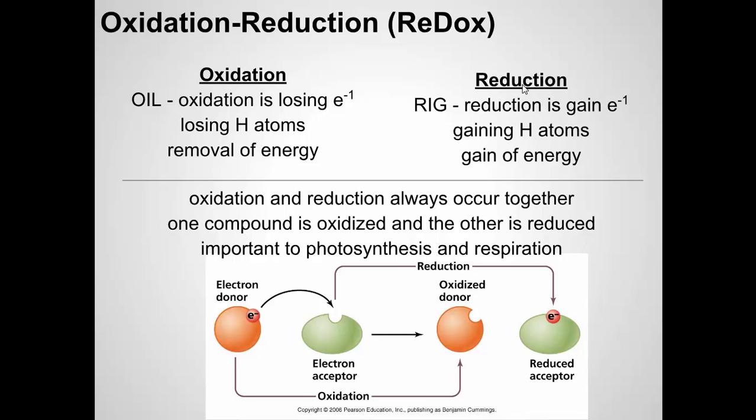So one thing gets oxidized and one gets reduced. So they always occur together. And you see in this example, you have a molecule here that's going to be losing an electron. Therefore, it's getting oxidized. This molecule is going to gain that electron. It's going to be getting reduced. And so we'll talk about this a little more when we look at the energy carrier molecules in photosynthesis and respiration.